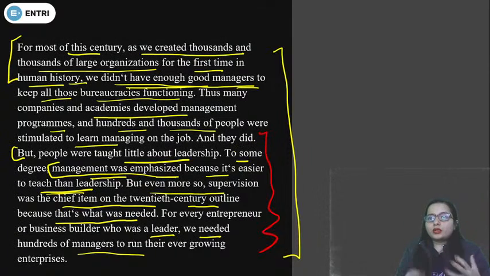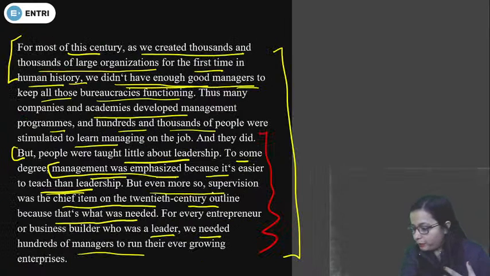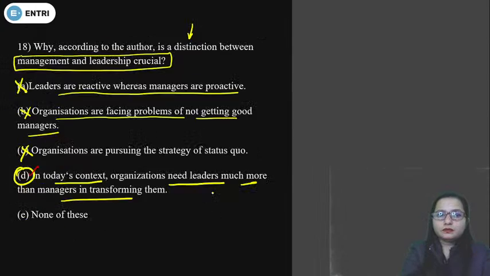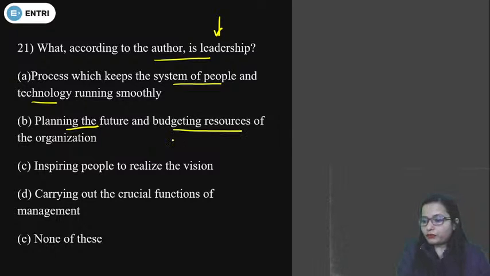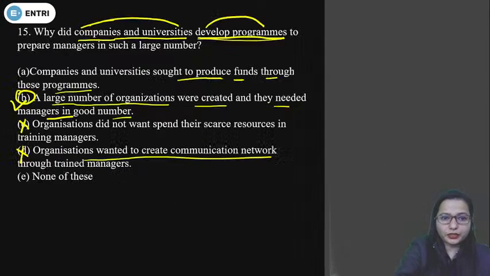So basically, what a good leader does, leadership outlines what the future should look like, brings people into line, and pushes a person to get a vision to go down a good path. So according to this passage, planning the future and budgeting sources, no, this is not the correct one. Inspiring people to realize the vision. We have already discussed it here.